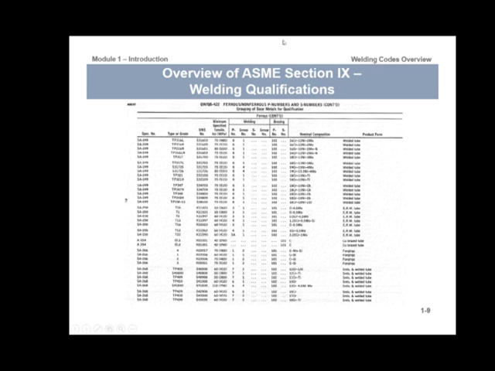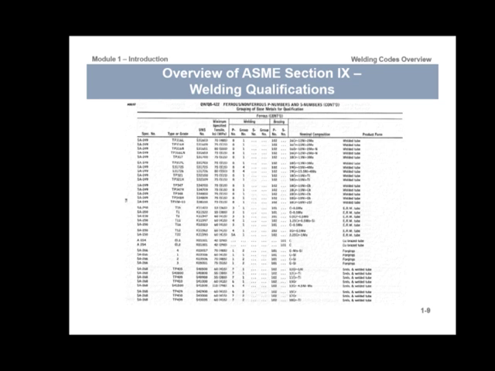We're not going to make you qualify every single combination of filler metal or base metal that's in those P8s. Or if I qualified P1, which is carbon steel, to P8, I go A36 to 316, I would get every combination of P1 to P8. Unless, there's always got to be that unless, there's impact testing involved. And if impact testing is involved, you've got to go by the group number.